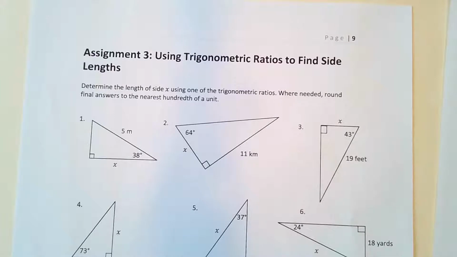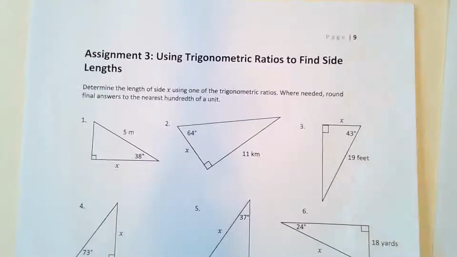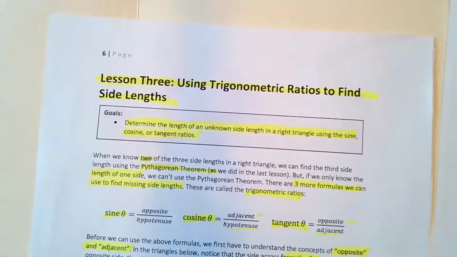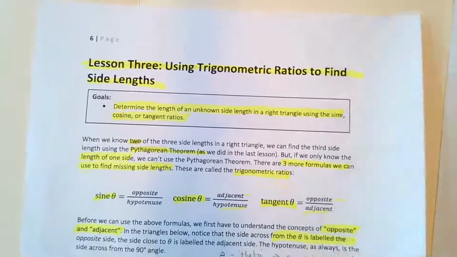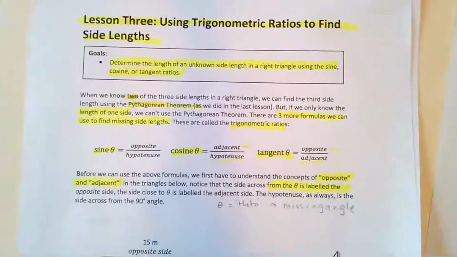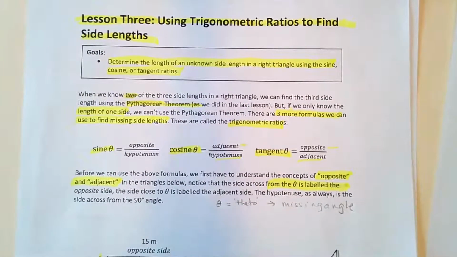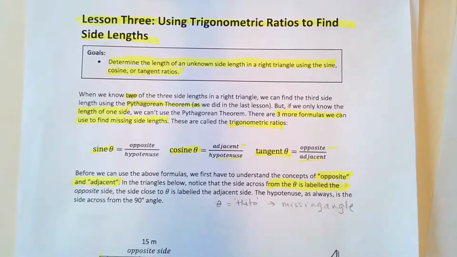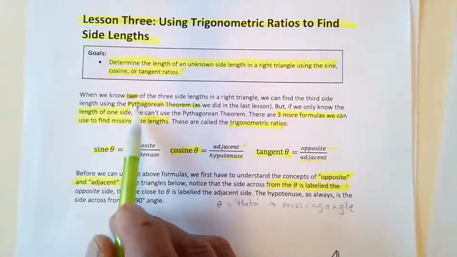So let's review what we've done so far in lesson three. In the previous lesson, we looked at the trig ratios, and we said when we don't have two sides of a right angle triangle, we cannot use the Pythagorean theorem.